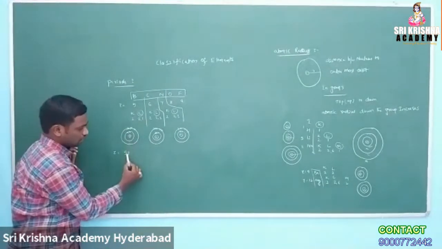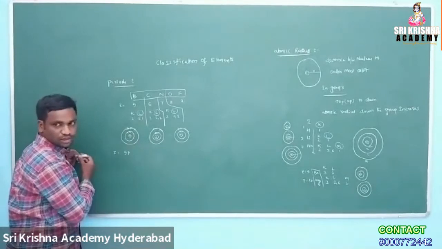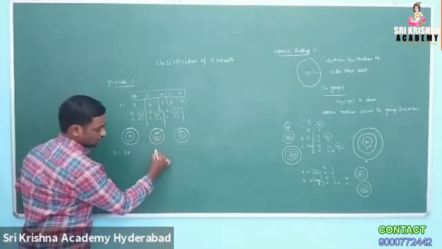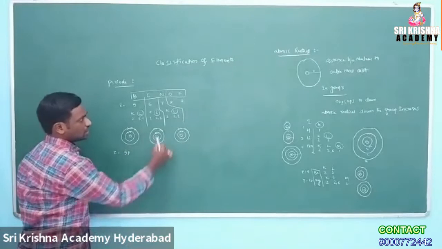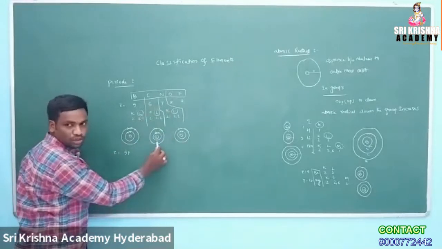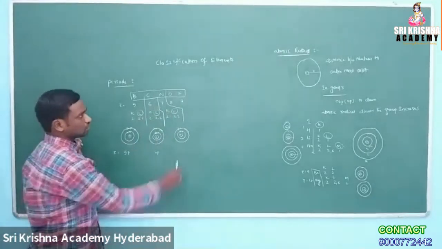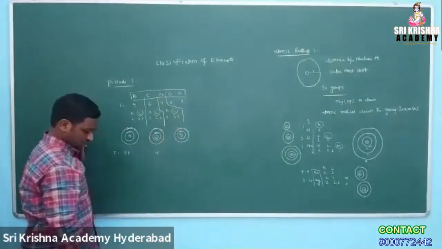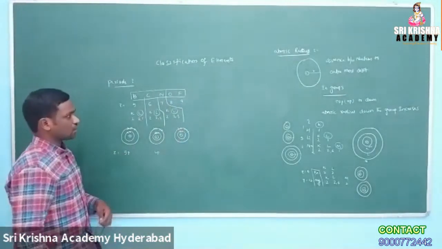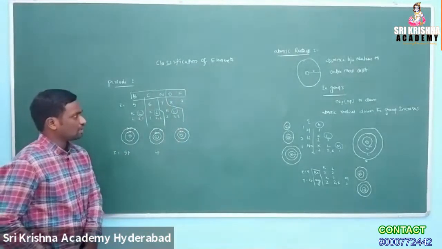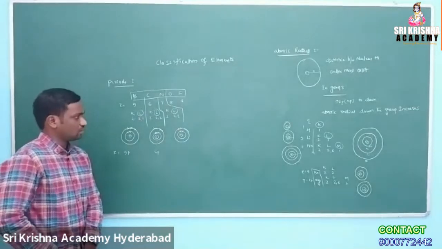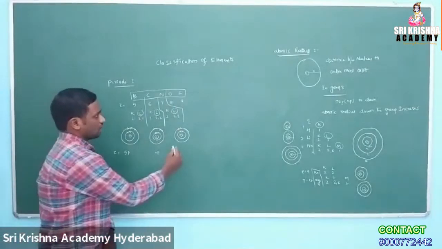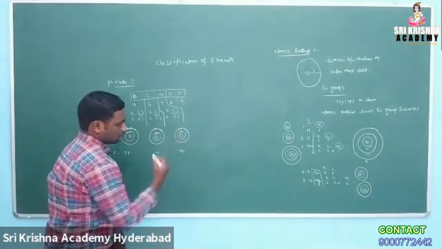Positive charge means 5 protons are present inside the nucleus. For carbon, the atomic number is 6, so 6 protons. For nitrogen, the number of protons is 7. Atomic number equals number of protons. So 7 protons are there.